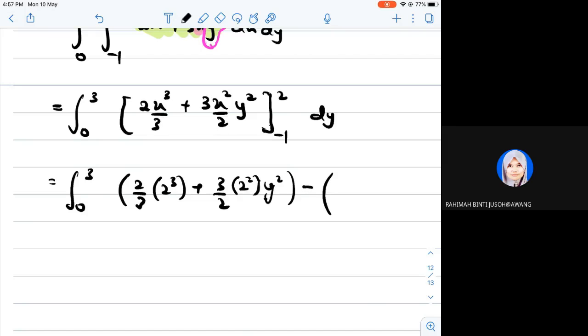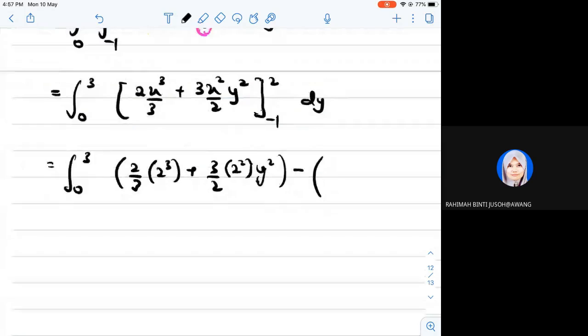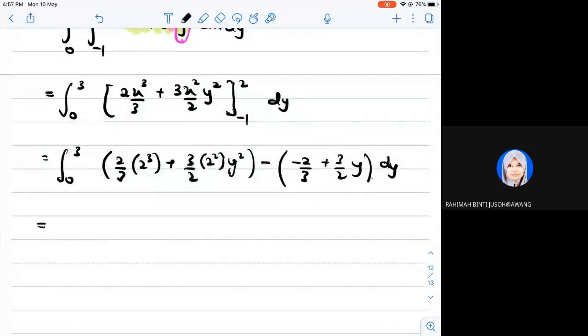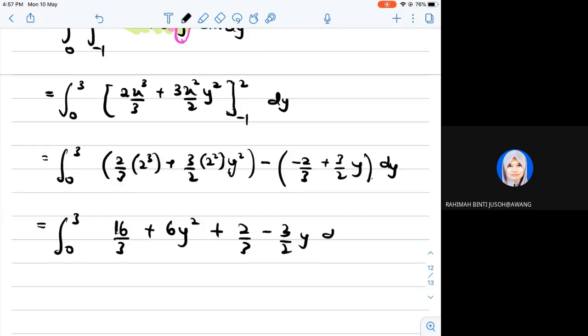Negatif 1 kuasa 3 jadi negatif 2 per 3. Tambah 3 per 2 y kuasa 2, sebab dia kuasa 2 jadi positif lah. So yang ni dia akan jadi 0 ke 3, 8 kali 2, 16 per 3, tambah 6 y kuasa 2, tambahlah 2 per 3 tolak 3 per 2 y kuasa 2 dy.